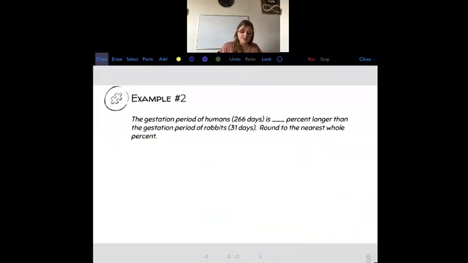Example 2. The gestation period of humans is 266 days, which is blank percent longer, relative change, than the gestation period of rabbits, which is 31 days. So we're going to find the relative change rounded to the nearest whole percent. And again, this is where we can talk about compared value versus reference value. We're comparing the gestation period of humans to the gestation period of rabbits.